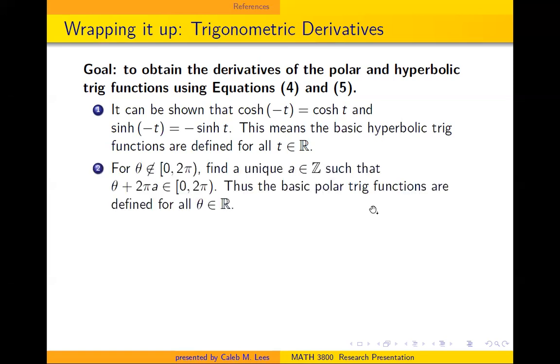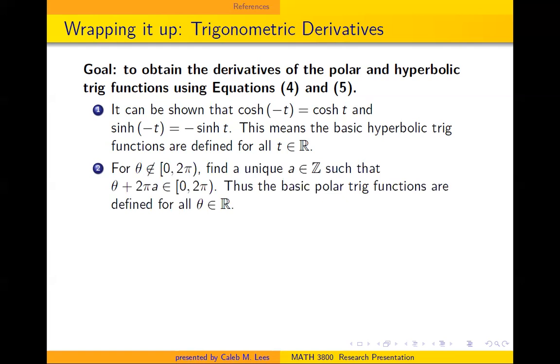So we can do a similar thing for theta. Up until this point, we've been thinking of theta in the interval 0 to 2 pi as an area parameter. So if we have an angle theta that's outside of 0 to 2 pi, all we have to do is find an integer a such that theta plus 2 pi a is in 0 to 2 pi.